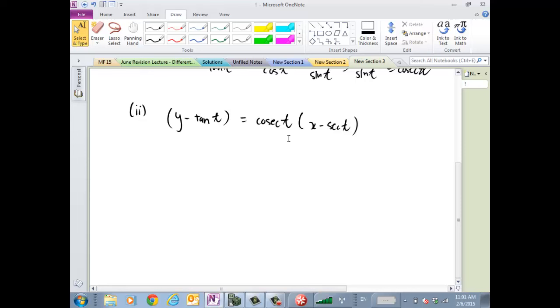I repeat, dy/dx is an expression for you to find the value of the gradient. It's only when you substitute a value in that it gives you the value of the gradient. Understand this? dy/dx and gradient are not the same. So this one, theta. So let's simplify.